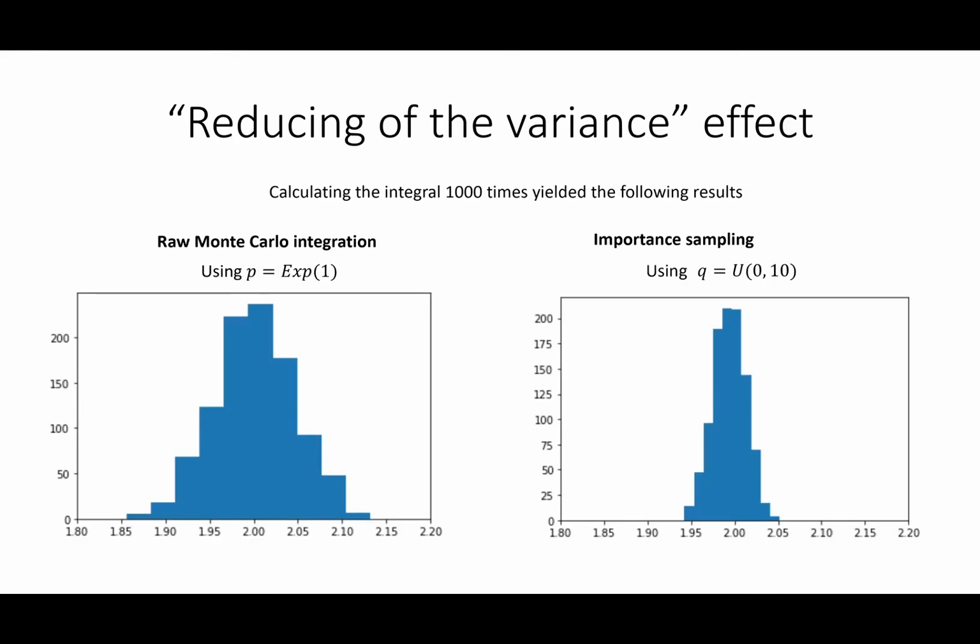I did this in Python, and I calculated the results of the integration 1,000 times. The number of samples was always 10,000, and I just ran these algorithms over and over, like 100,000 times. And these are the results I get. When I use the raw Monte Carlo integration using p as the sampling distribution, which is the exponential distribution with lambda 1, I got this histogram of results.